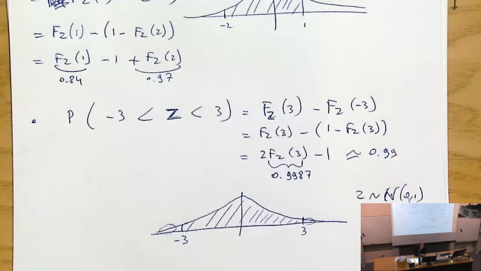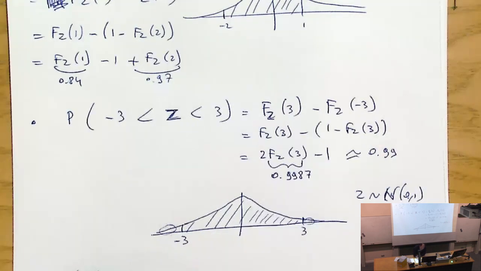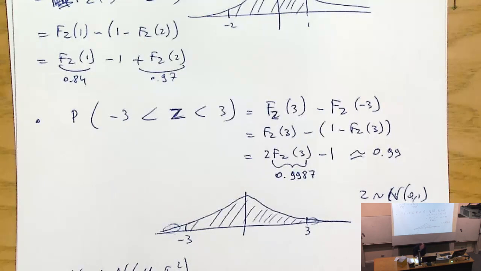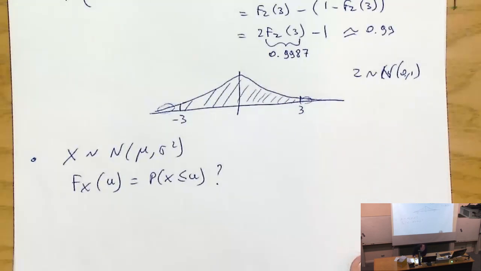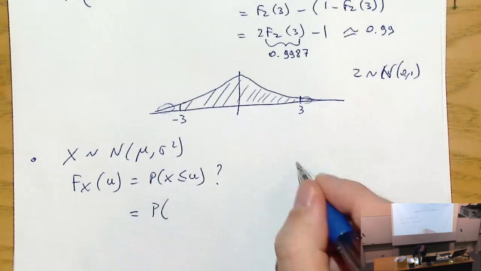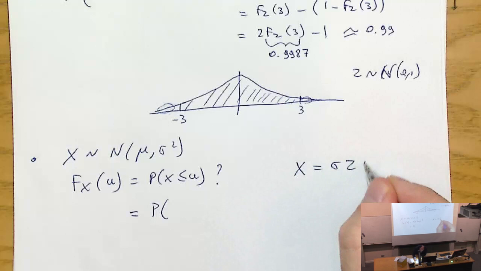Good, so this is all about z. But what happens if you have x that is a normal random variable with mean mu and variance sigma square, and you want to compute F_X(u), which is the probability of x being smaller or equal to u? We don't have a table. We have the table only for standard normal. So we have to standardize this random variable, and we write x as sigma z plus mu.